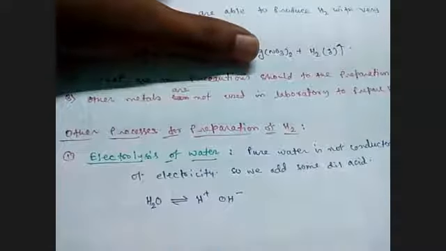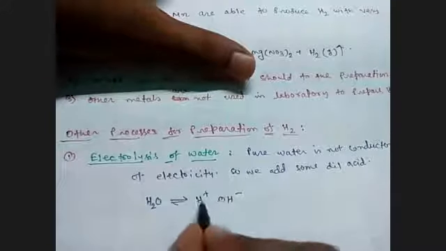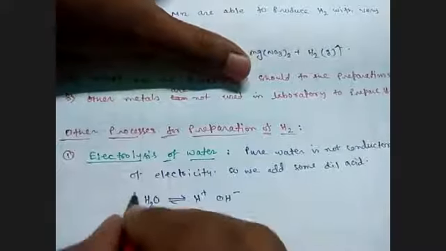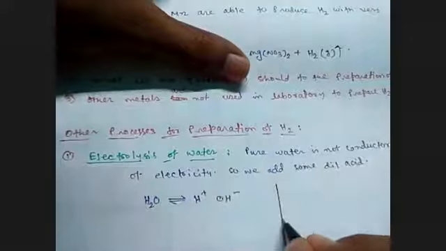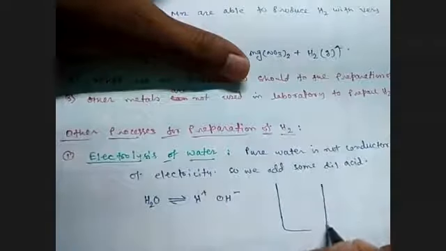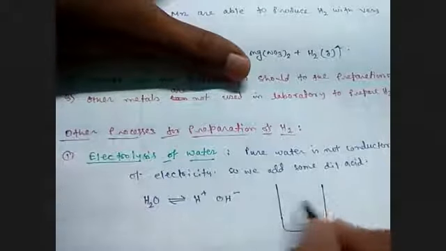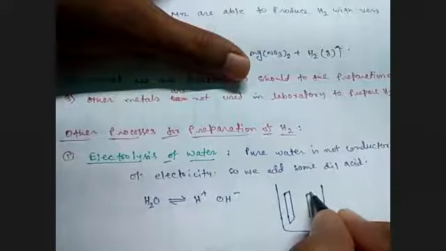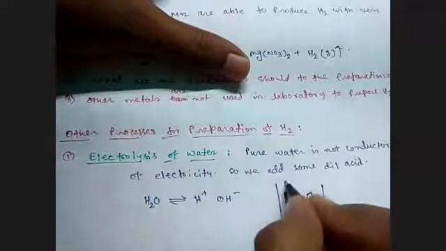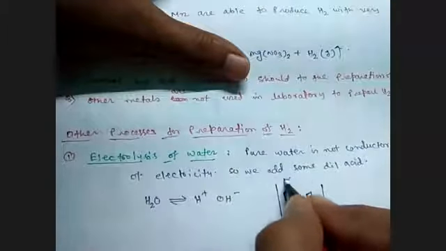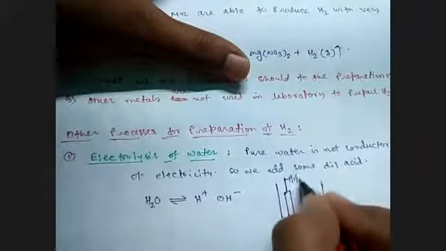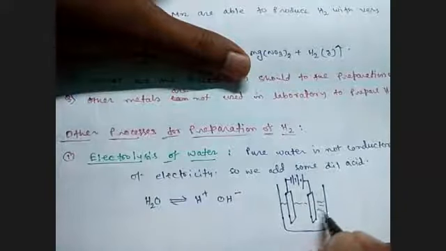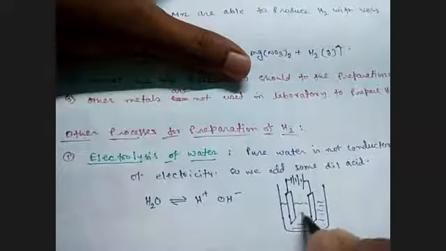H plus is an ion, this is a cation. OH minus is an ion, this is an anion. Now this water is present in this kind of cell. One beaker is taken. In this beaker, two metallic foils are placed, attached with a wire and a battery. Here the acidic water is present.